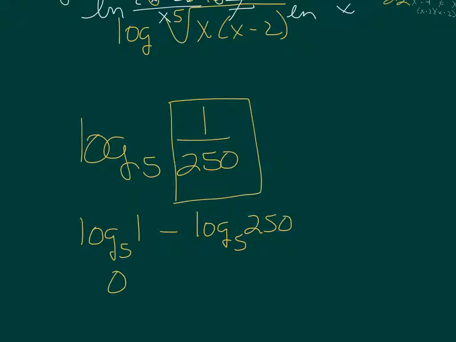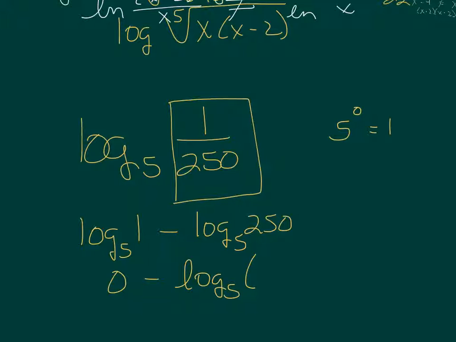Anything to the 0 power is always 1. So if we rewrote that exponentially, it'd be 5 to the 0, which equals 1. If the base and the bottom number are the same, then it's 1. Okay. I got that.